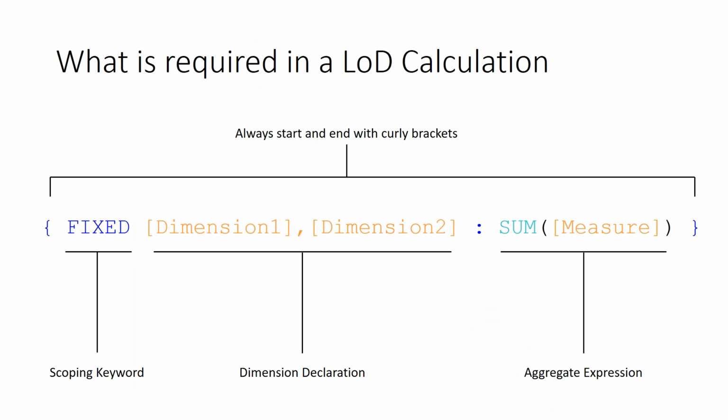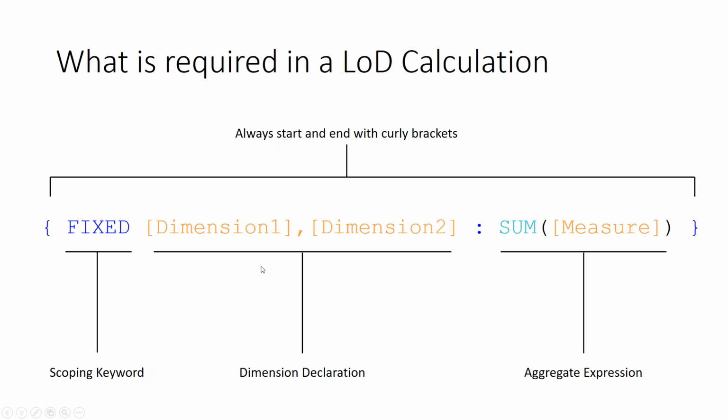So yeah, how do we start a level of detail calculation? Always start and end with curly brackets. They'll turn blue as soon as you start, so you know you're starting the level of detail. Then you need to start with a scoping keyword, which would be fixed, include, or exclude, which we'll come on to in a bit. Then after the keyword, you need a dimension declaration, which is basically which dimension you want the level of detail affected by.